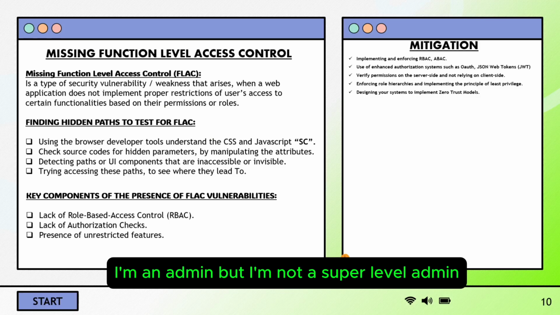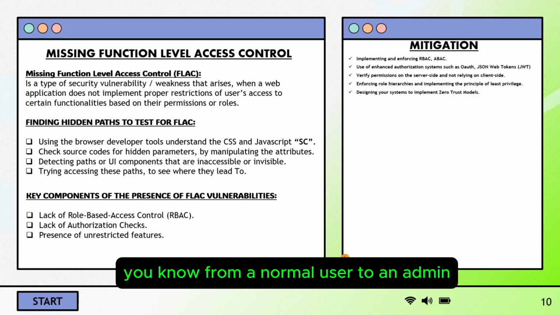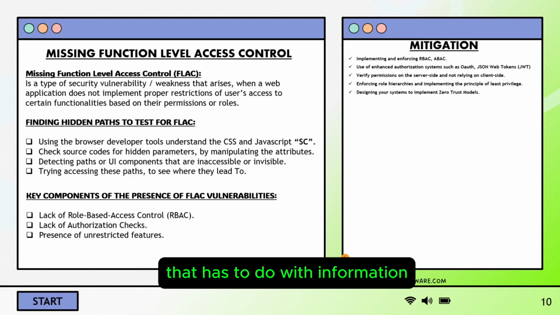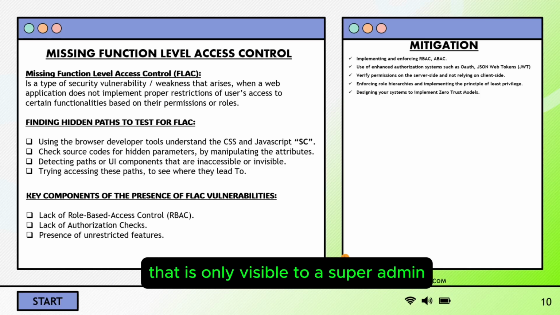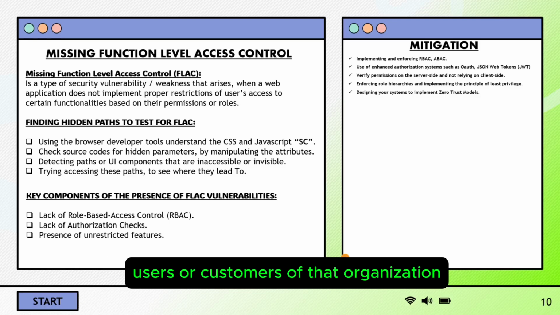I'm an admin, but I'm not a super level admin. So even if the person is lucky enough to elevate from a normal user to an admin, they should not be able to view information that is only visible to a super admin. This is where the attribute comes in. If the attributes are being checked and I don't have such attributes, then I should not be able to view information that is very sensitive to users or customers of that organization.